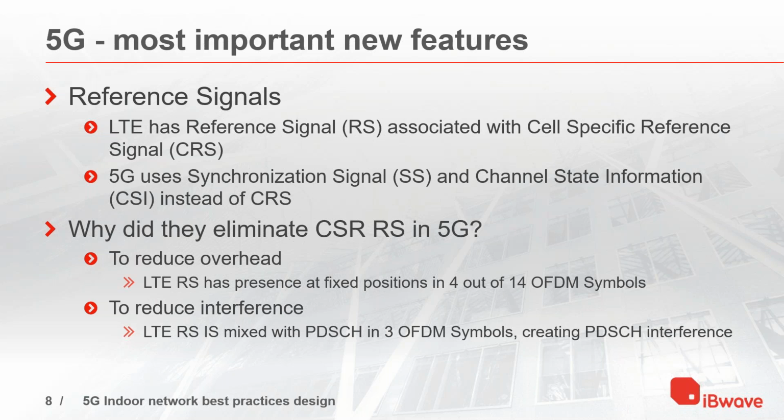So by grouping those synchronization signal reference signals together in one portion of the frame, and not really trying to spread them out over several OFDM symbols, we will be reducing interference.